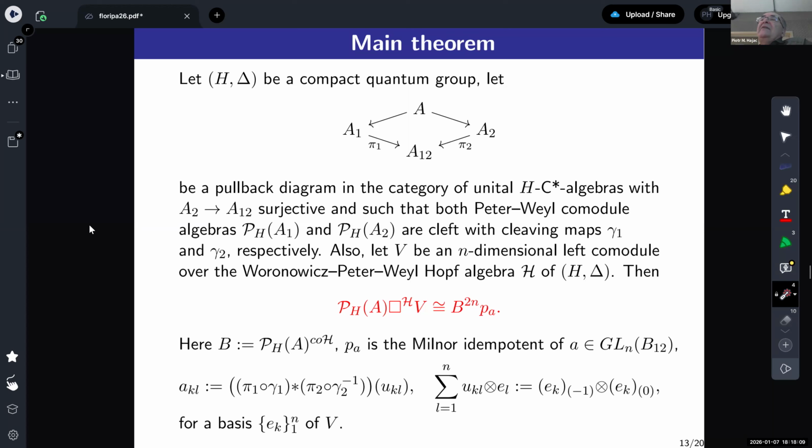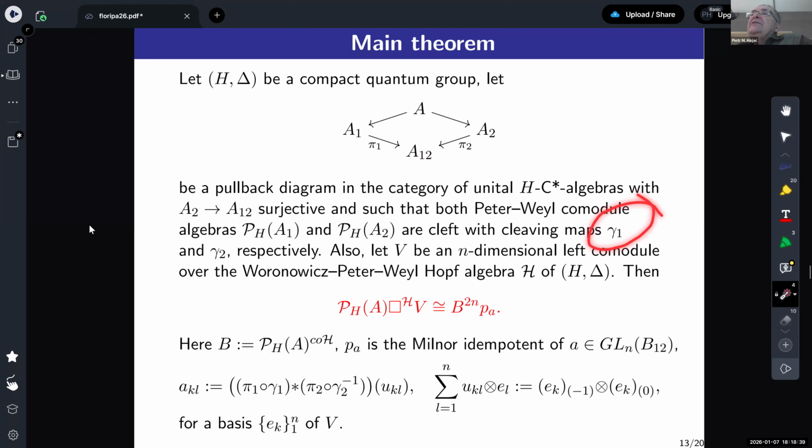So I say that I have a compact quantum group in the sense of Woronowicz, and that I have a pullback diagram in the category of unital H-C*-algebras. I also assume that this pi2 here, as before, is surjective. Then I also assume that when I take the Peter-Weyl comodule algebras of A1 and A2, they are both cleft, and their cleftness is witnessed by the cleaving maps gamma 1 and gamma 2, respectively.